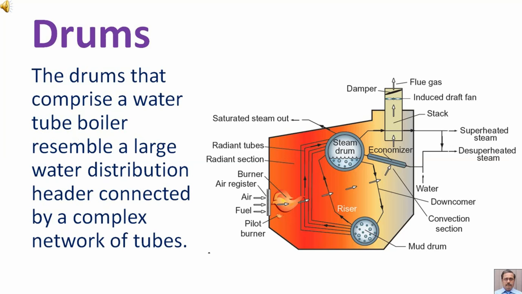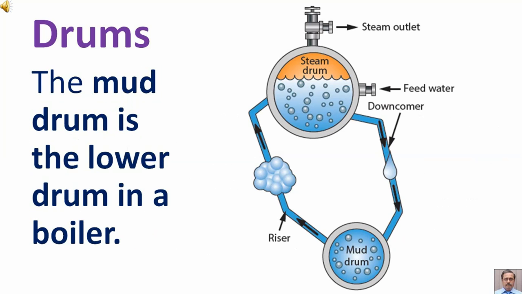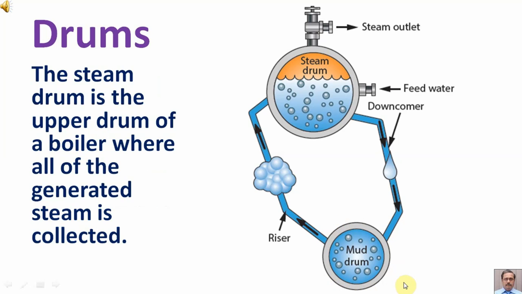Drums. The drums that comprise a water tube boiler resemble a large water distribution header connected by a complex network of tubes. The mud drum is the lower drum in a boiler. The steam drum is the upper drum of a boiler where all of the generated steam is collected.